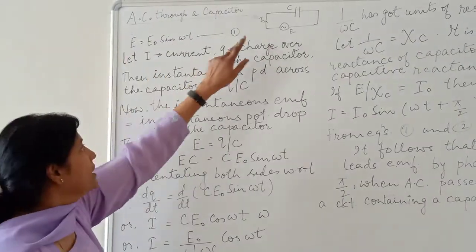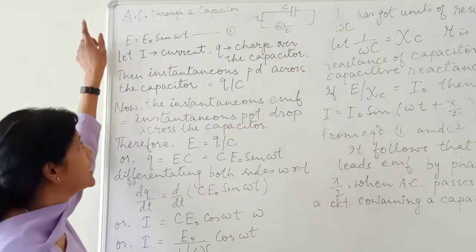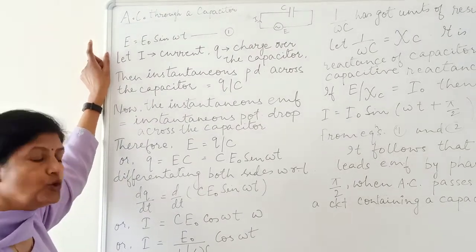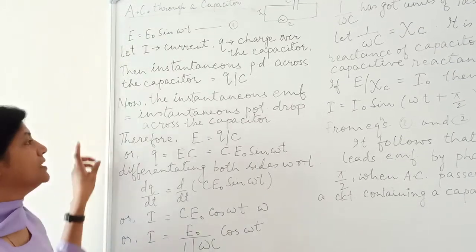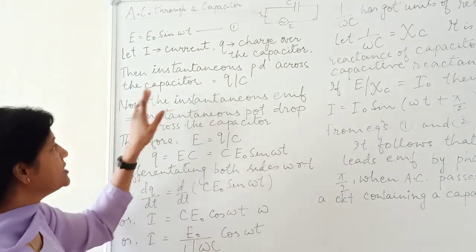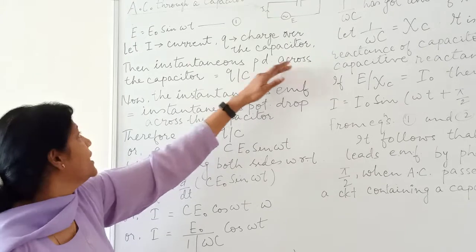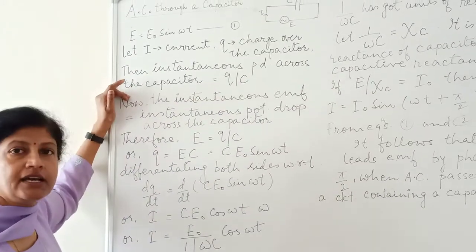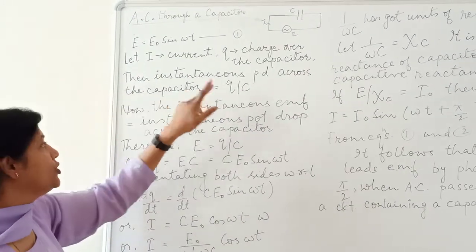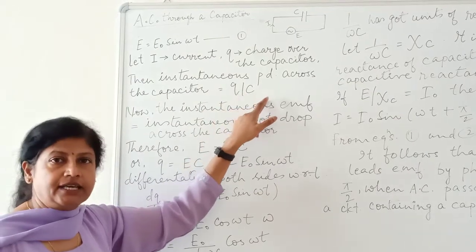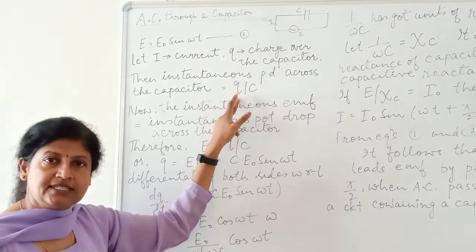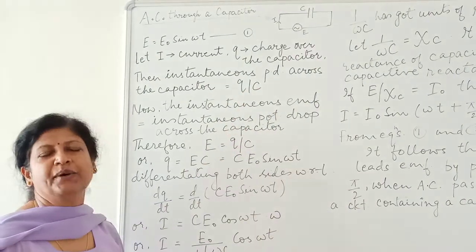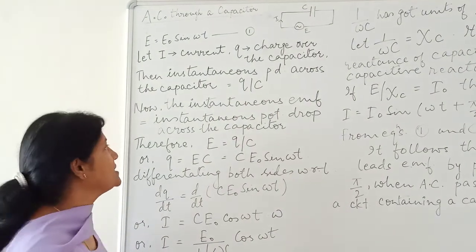Let I be the current and Q be the charge over the capacitor. Then instantaneous potential difference across the capacitor is equal to Q upon C, where Q is charge over the capacitor and C is capacitance of the capacitor.